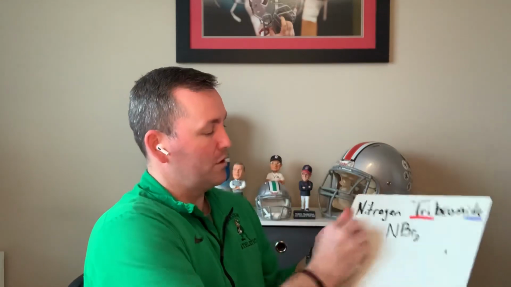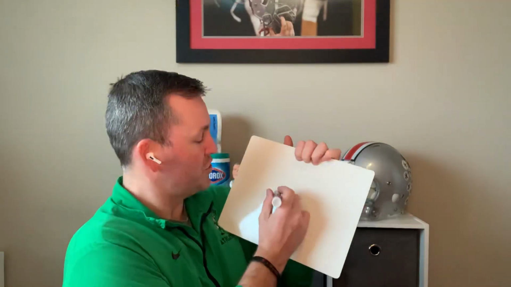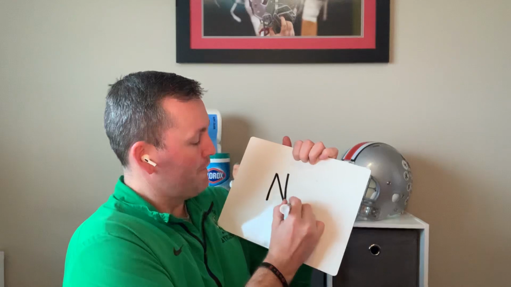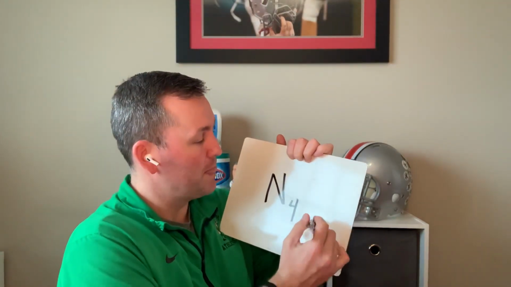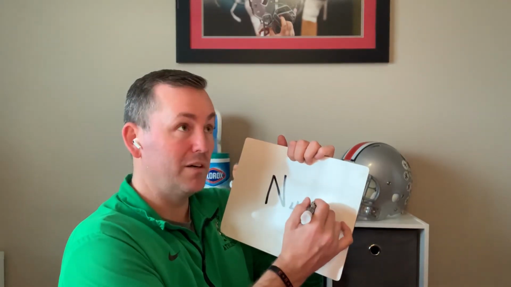I can come up here and I'll just make one up. Okay, let's erase all of this, and I'll make up my own example here very quickly. Let's go with nitrogen. So I'm going to have an N4, and let's go F3.